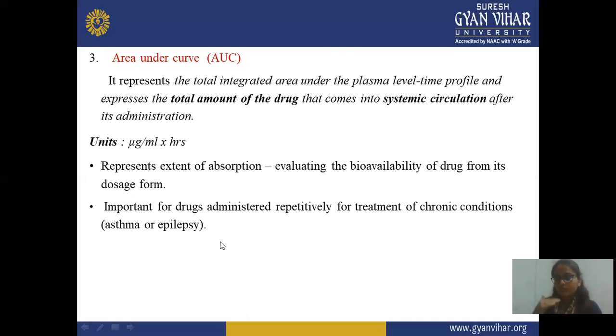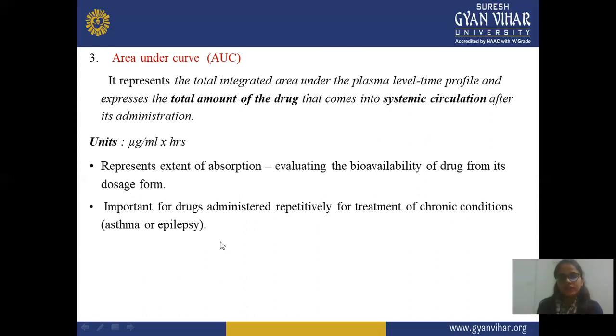So the maximum drug concentration present in systemic circulation shows one peak or one graph in this plot, concentration versus time. So this is known as the area under the curve, or AUC, and the unit of this AUC is μg per ml into hours. Means how much time is required to show the effect of a particular drug, and μg per ml.